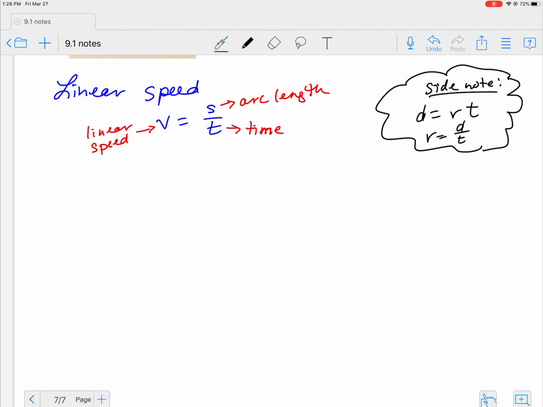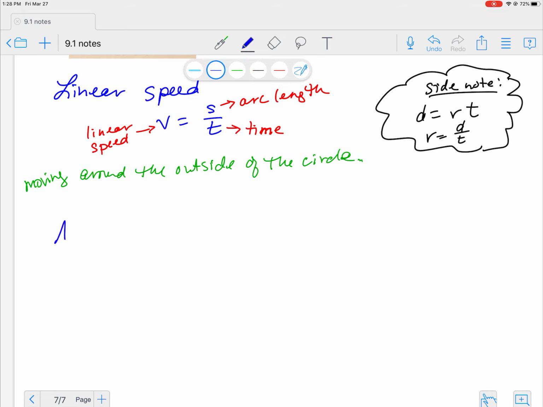So this is moving around the outside of my circle. That's what we're talking about. Now, if I want to know how fast my angle is moving, maybe we ought to make that note. Moving around the outside of my circle.